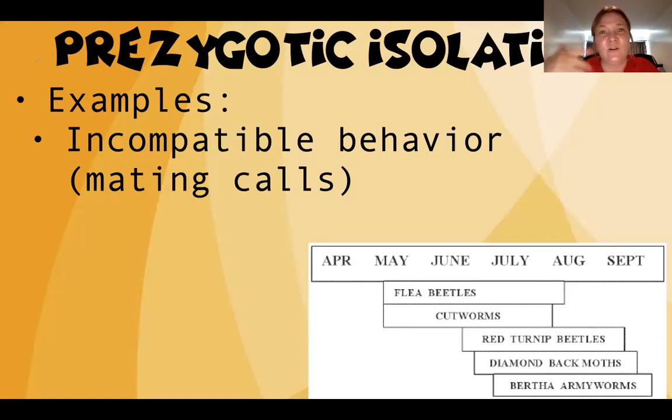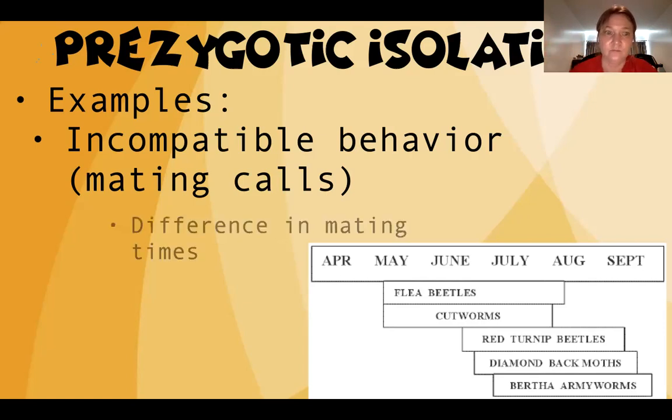Really easy to think about, especially here in Thailand in the rainy season. After it rains, you can hear so many different types of frogs mating. Each species has its own specific mating call, and the females innately or automatically understand how to recognize her own species' mating call. So that prevents different species of frogs mating together.